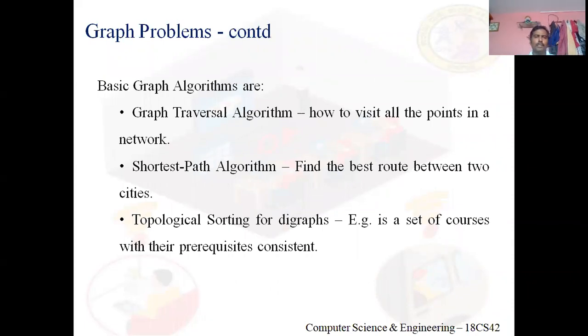So now there are some graph problems. There are usually more than three, but I listed three graph problems. The first graph problem I'm talking about is the graph traversal algorithm. See here, graph traversal algorithm.